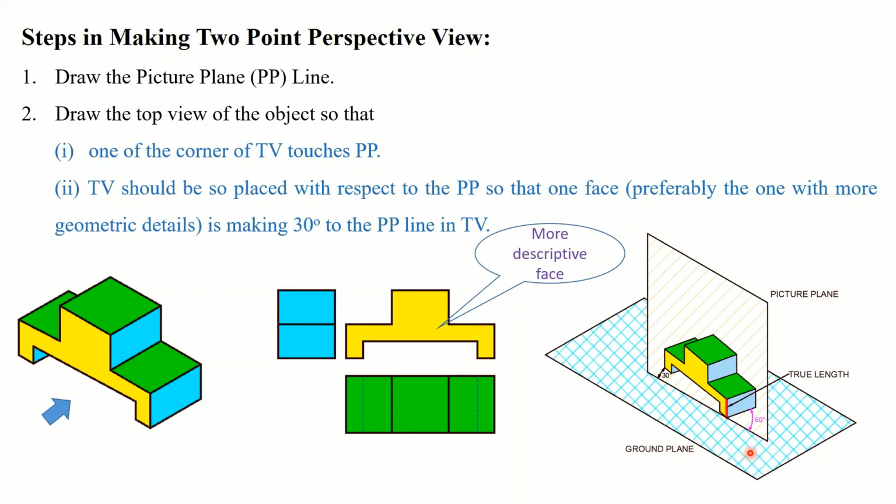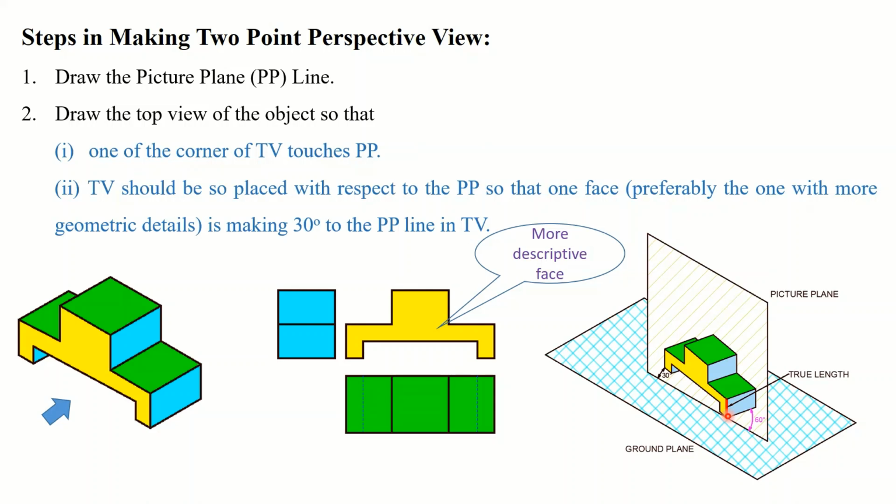So this is the ground plane, this is the picture plane, the object is placed on the other side of the picture plane, and the observer is going to stand somewhere here at a certain distance. This red colored edge is the edge that is going to touch the picture plane and appear in its true length.